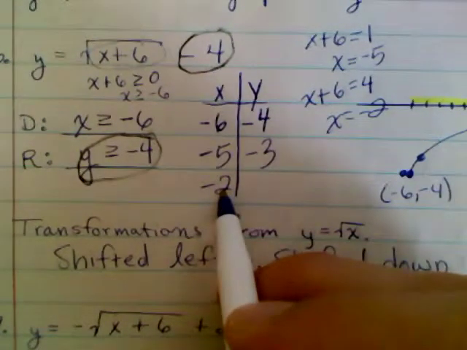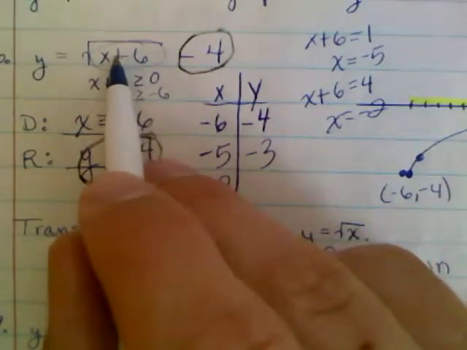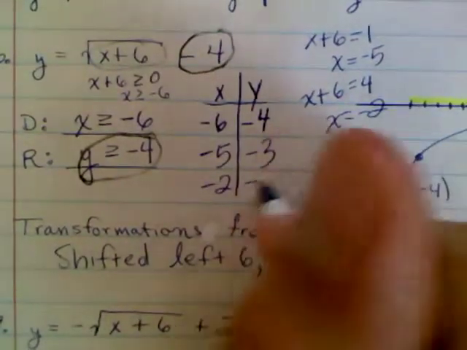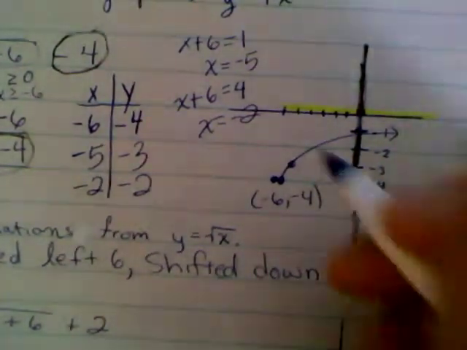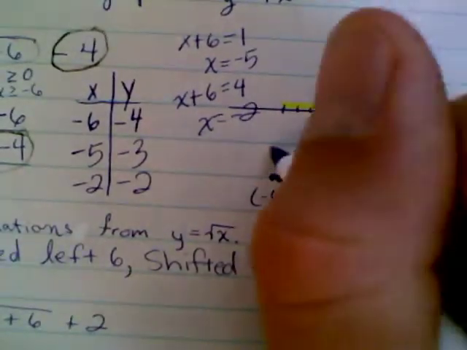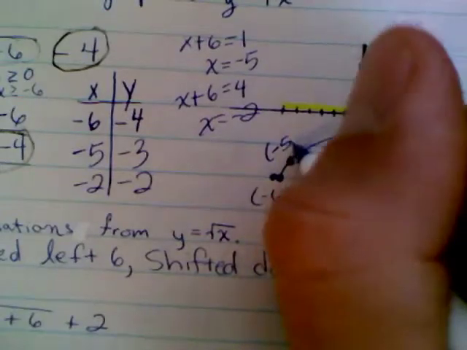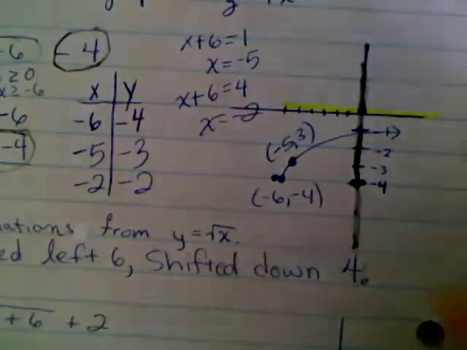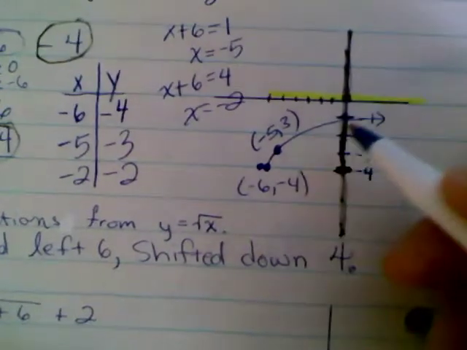When I substitute in a negative 2 here, I get 2 minus 4. It's negative 2. So let's just plot those 3 points. Negative 5, negative 3, which I had already plotted, because there is a little shortcut to find that one. And then negative 2, comma, negative 2.